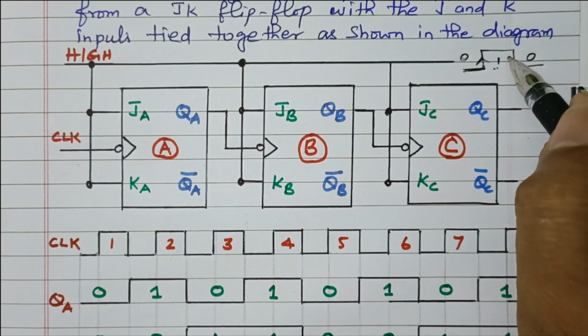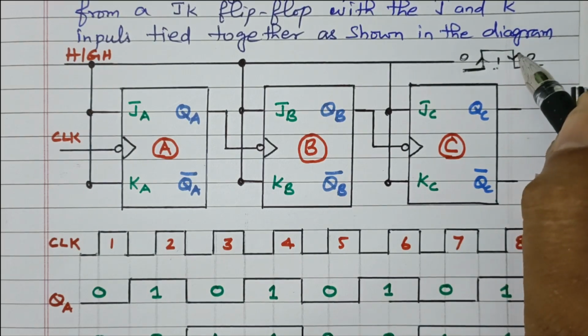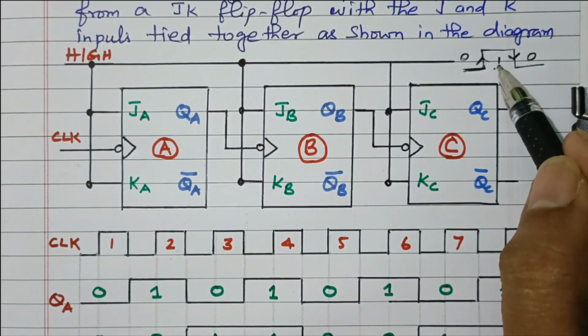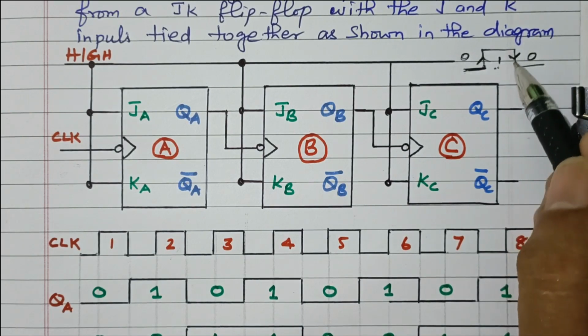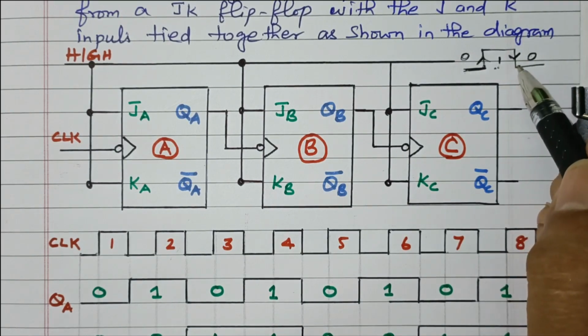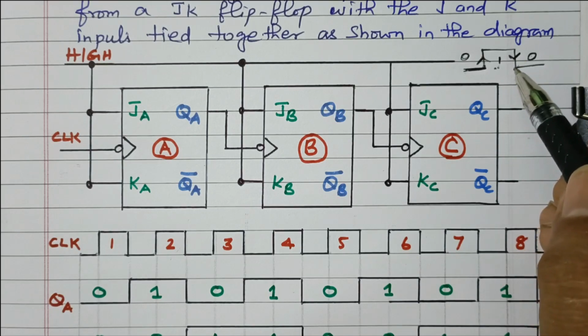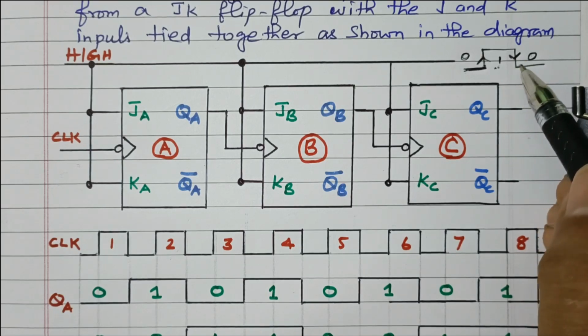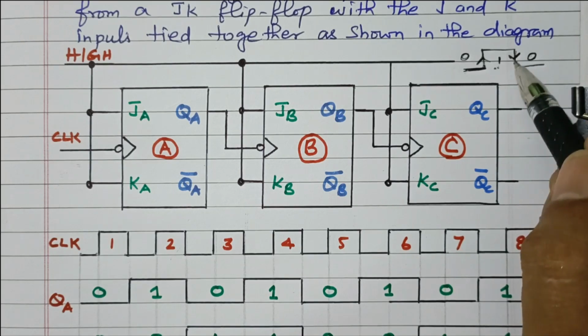This is the negative edge triggered clock pulse: when the clock pulse changes from 1 to 0, the falling edge, at this time the state will change. The output of the flip-flop will change on every negative edge of the clock pulse.